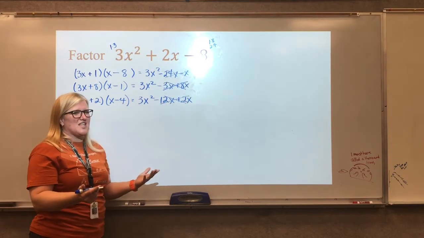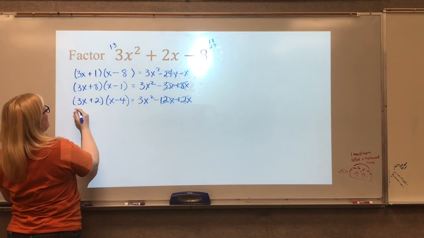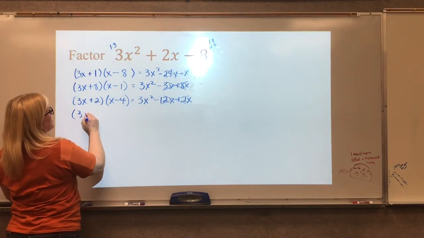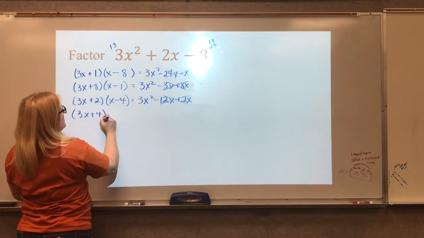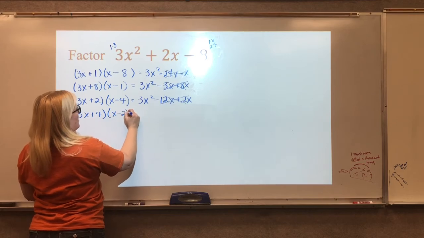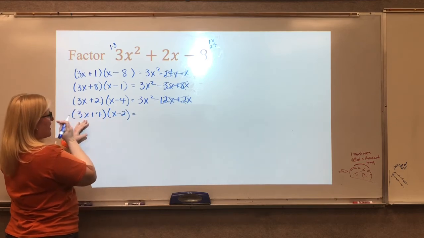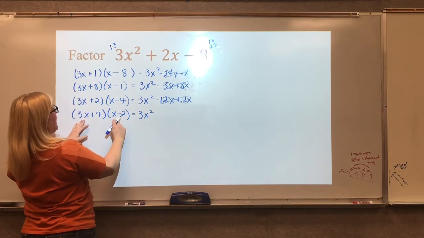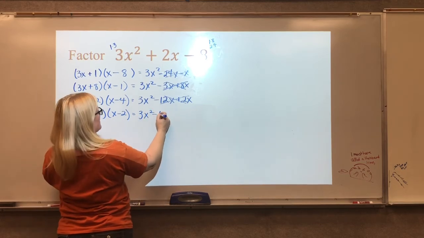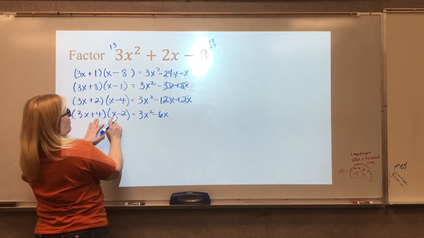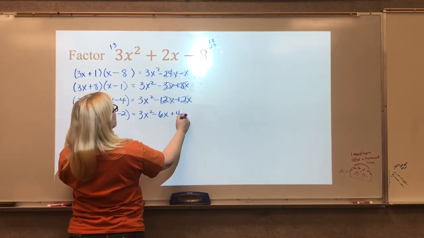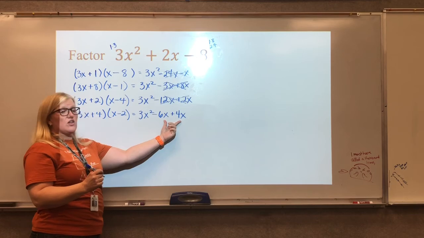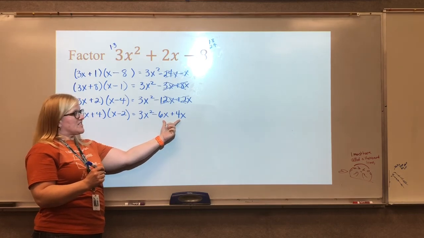I know this is really tedious. Let's try flip-flopping: 3x plus 4 times x minus 2. Again I've got 3x squared, negative 6x, 4x. I'm very, very close. This is going to give me negative 2x.